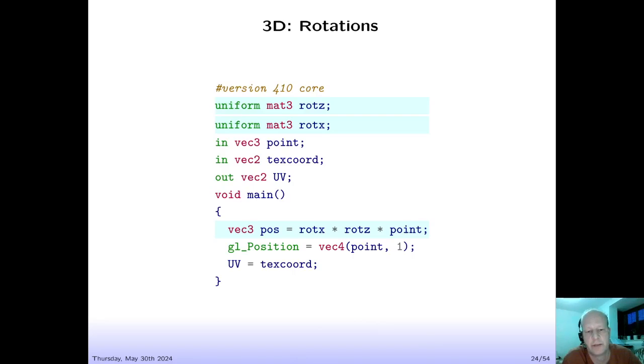And then we set pos to rotation x times rotation z times point, and we output that point. That's actually wrong, that should be pos. gl_Position should equal vec4(pos, 1). And then we pass through the texture coordinate as usual.